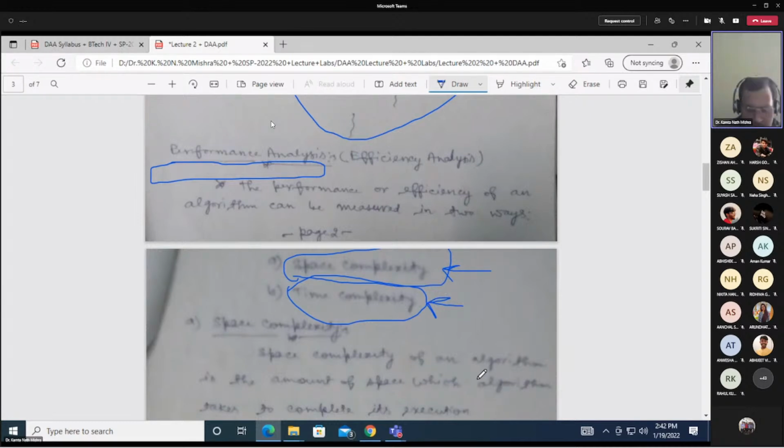So space complexity based performance analysis of an algorithm, what will you say?